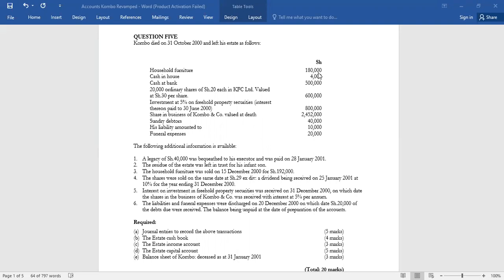Have you done that? You said we debit the cash capital, 192,000. Then we are crediting the household furniture and the gain of the 12,000.